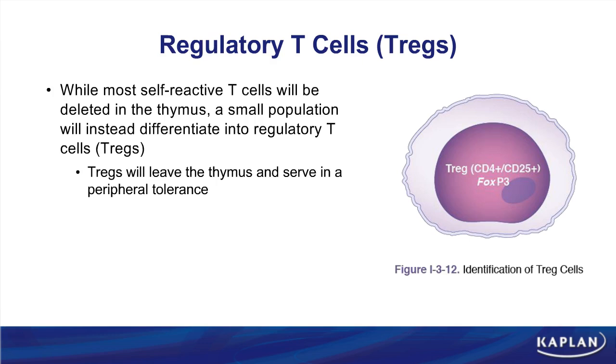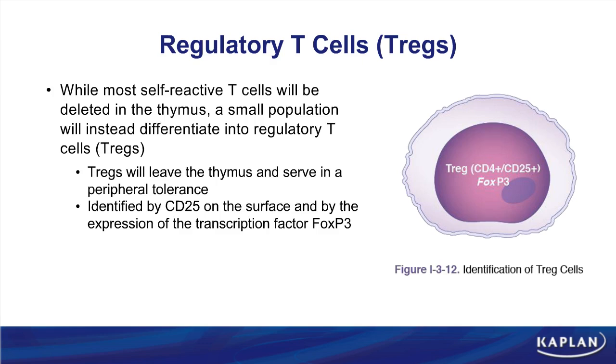You're able to identify Tregs based on the expression of CD4 on their surface, as well as a unique marker, CD25. Additionally, Tregs have a unique transcription factor called FOXP3. Upon activation of a Treg, they are going to secrete very high levels of the cytokines IL-10 and TGF-beta.